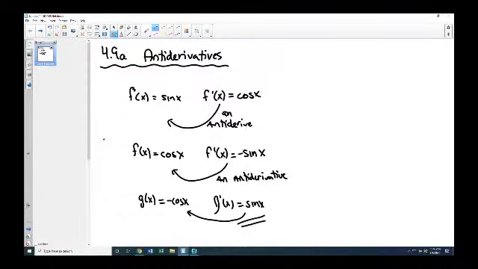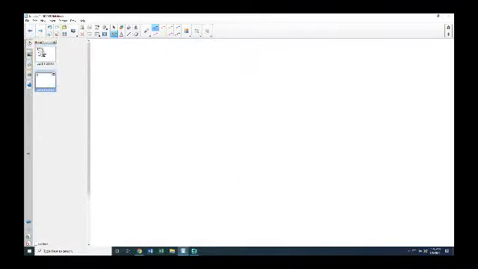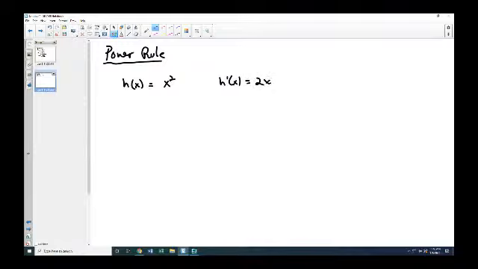Okay, but do keep in mind, I'm going to address the word an and we're going to make it a the, because this is only one option. Okay, the power rule should be easy enough to grasp. So if you have some function h of x is x squared, the derivative is 2x, right?